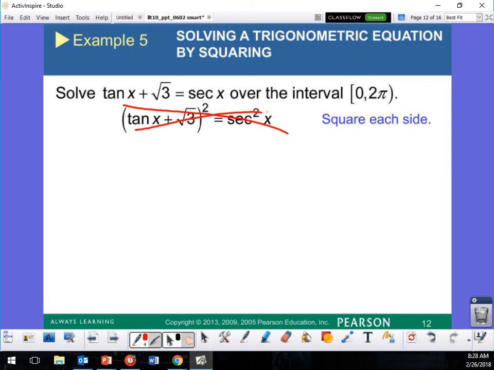So, to do it correctly in the calculator, what do I got to do first? Equals 0, very good. Tangent of x plus rad 3, minus the secant of x equals 0.